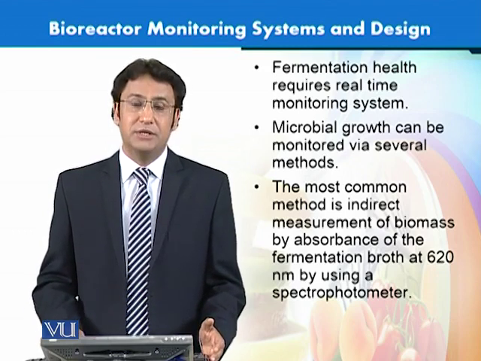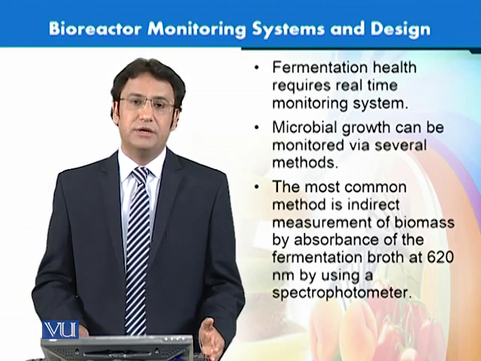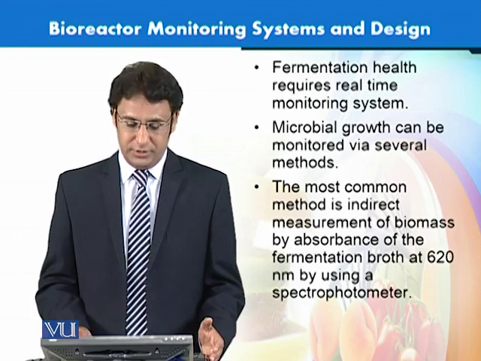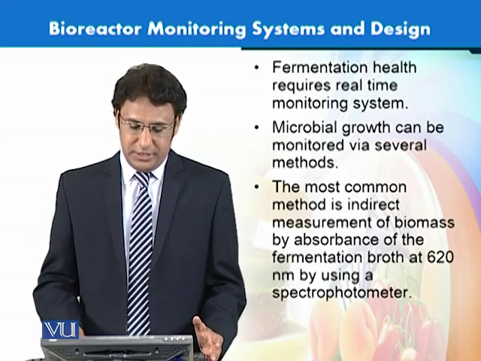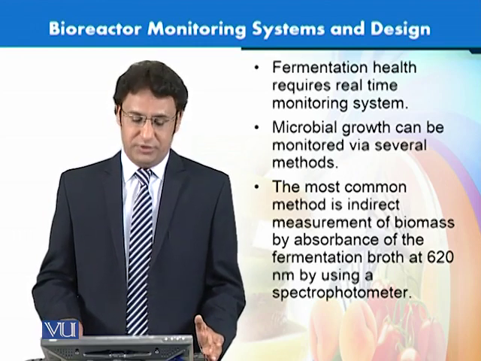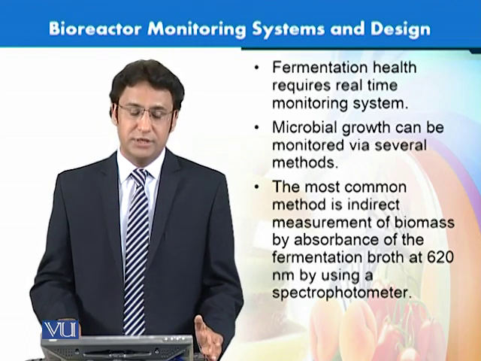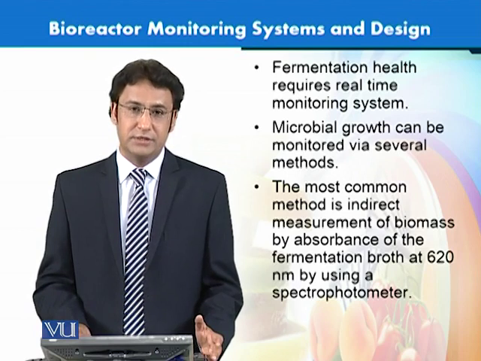There are many methods by which we can monitor the microbial growth patterns within this fermenter. I think the most common ones are the indirect methods of measuring biomass by absorbance at 620 nanometer in a spectrophotometer.